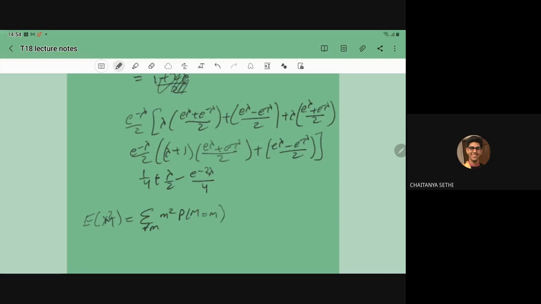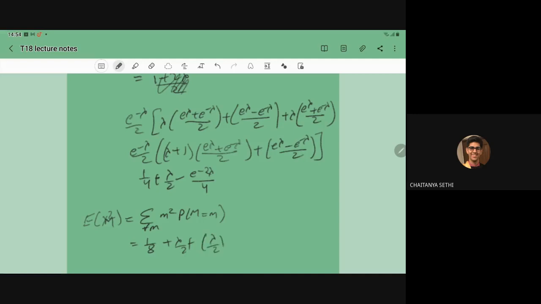On algebraic manipulation, it will give you 1 by 8 plus lambda by 2 plus lambda by 2 whole square plus e to power minus 2 lambda by 2 into lambda by 2 minus 1 by 4. Right? So this is the E of X square.